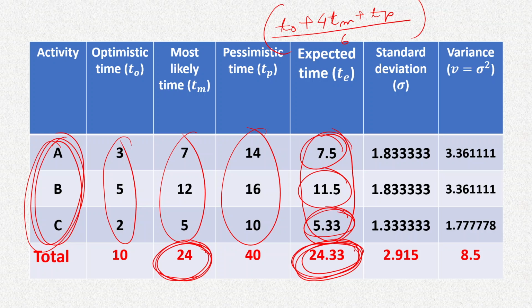Since this was the formula, TO plus 4TM plus TP divided by 6.